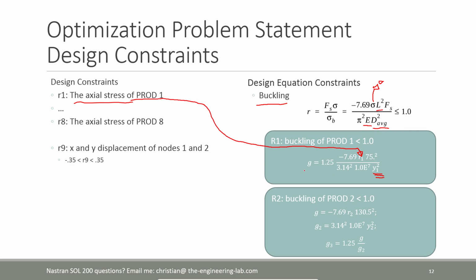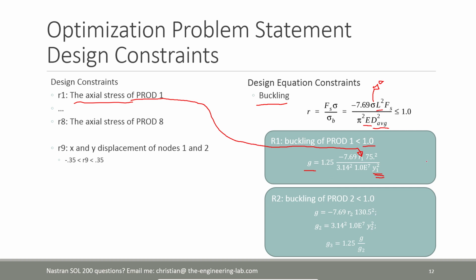Then we're going to get the buckling value for this specific member, if you will. And then we are going to say as long as the buckling factor or buckling number is less than 1, the constraint is satisfied.